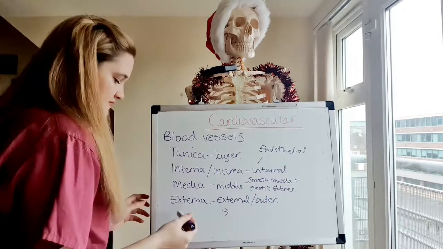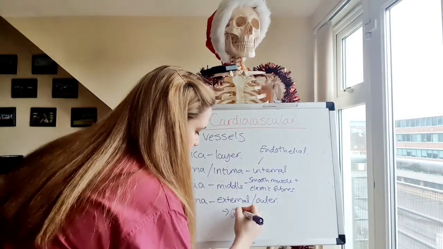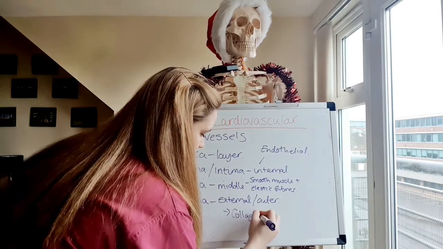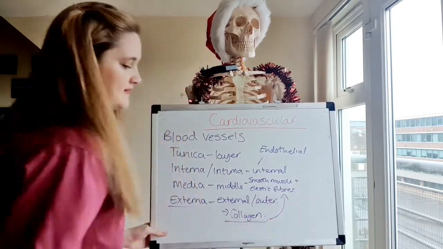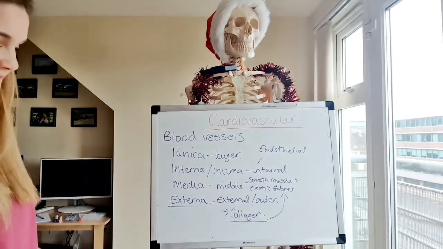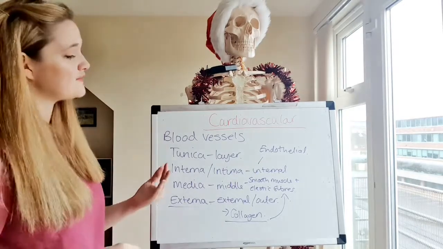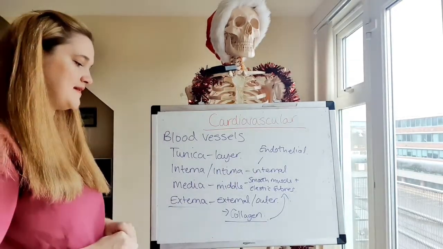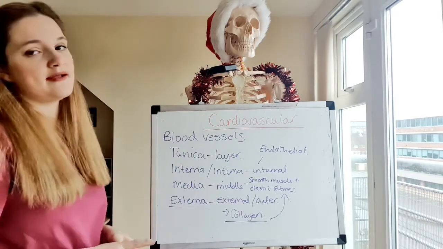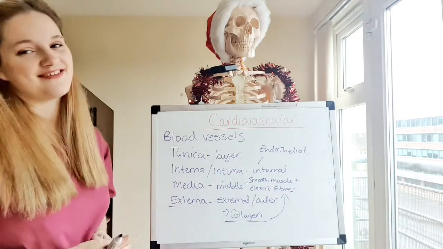And then if we go on to the tunica externa, that's made mainly from collagen and sometimes binds with the tunica media's elastic fibres. Okay, so that's the structure of our blood vessels. So veins and arteries will have very similar ones of these. Some layers will be thicker than others in arteries and in veins, and we're going to go into that in just a second.